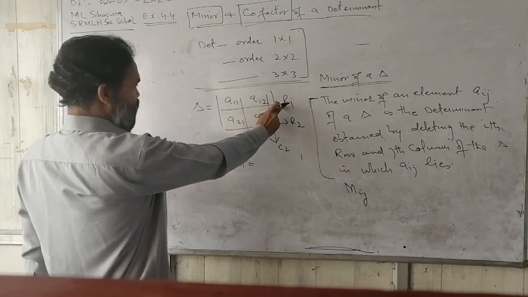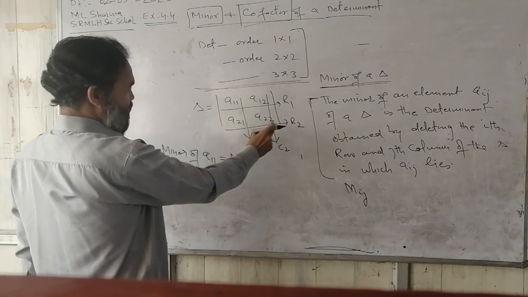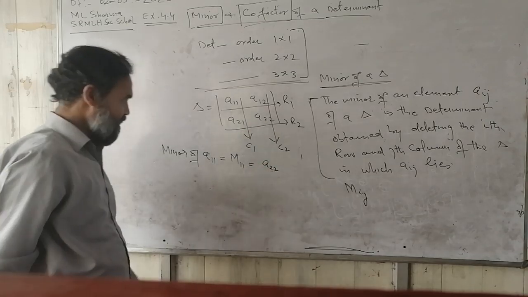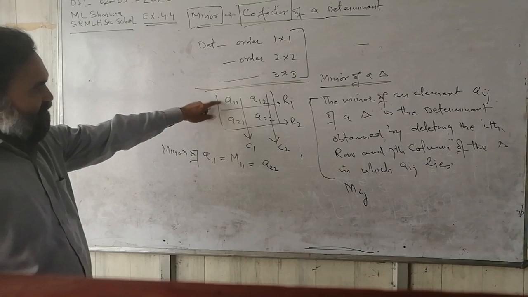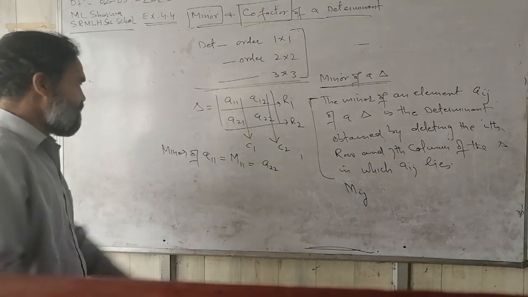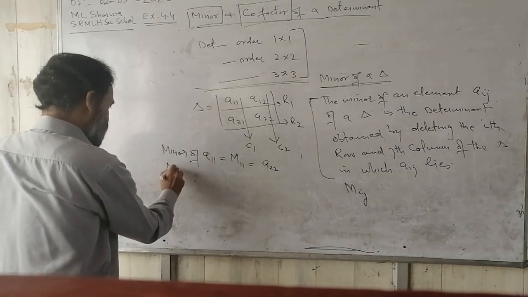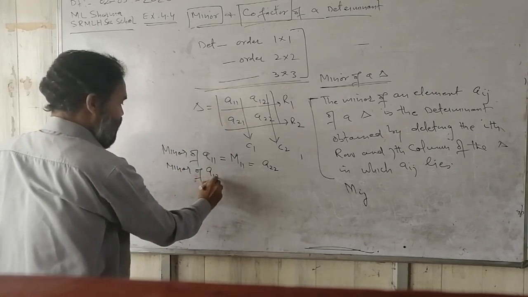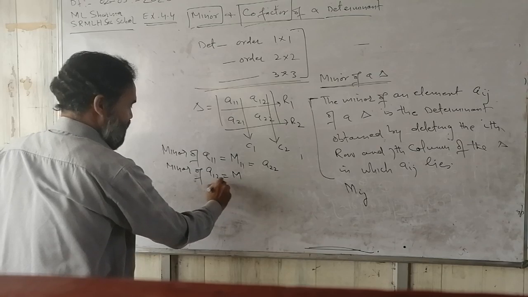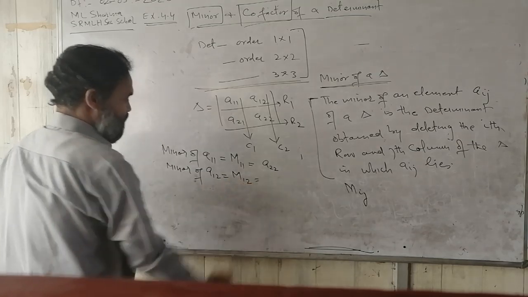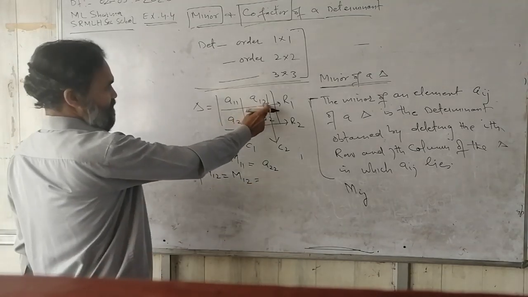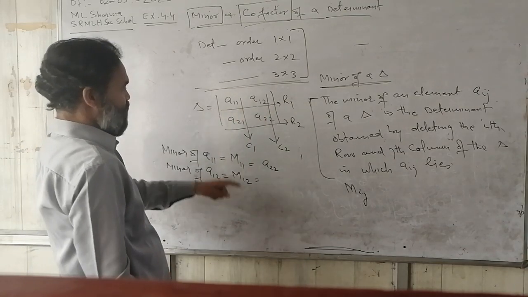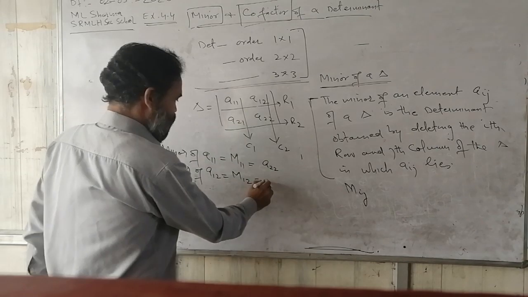If I delete this row R1 and this column C1, I am left with only one element and that is A22. So simply the minor of A11 is A22. If I have to find minor of the second element A12, which is denoted as M12, this will be equal to, again this row R1 and this column C2 are to be deleted. So I am left with A21.